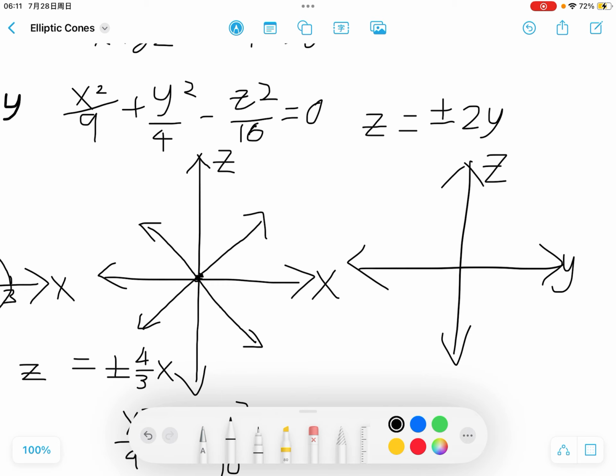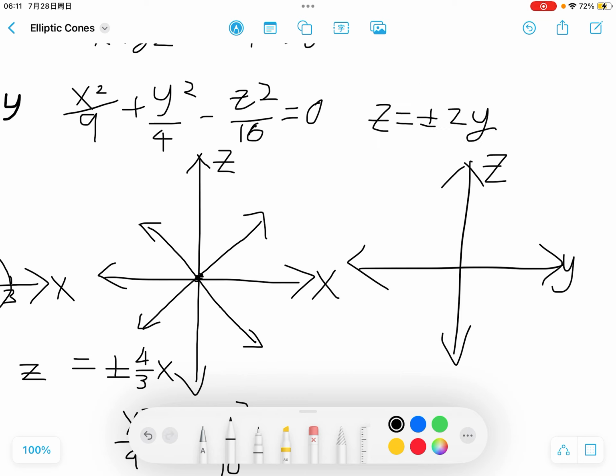So let's just verify that. Let's try that again. If we take the square root of both sides, we have y over 2, plus minus y over 2 is z over 4, and then we multiply both sides by 4. Yeah, we have z equals plus minus 2y.